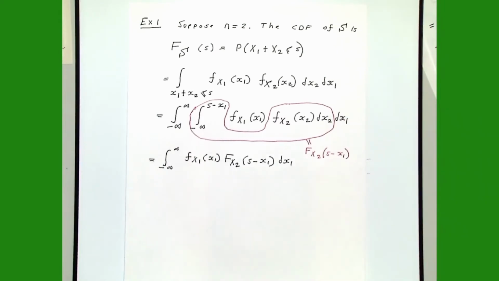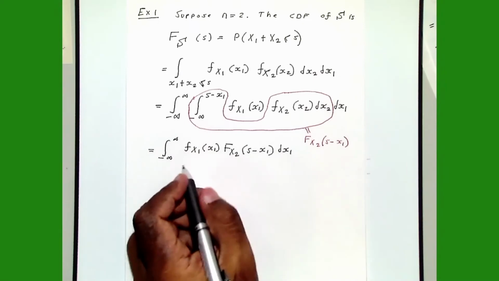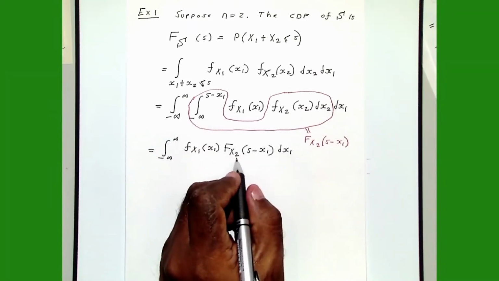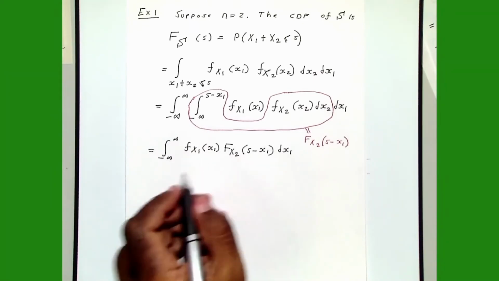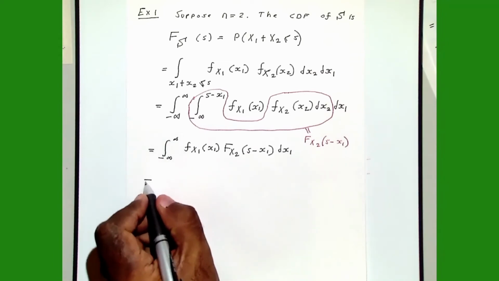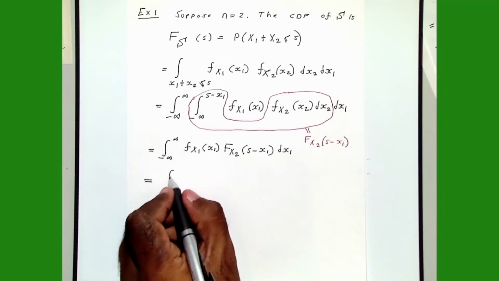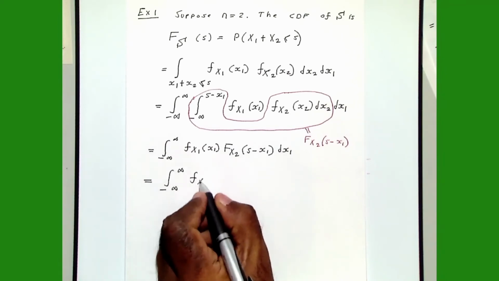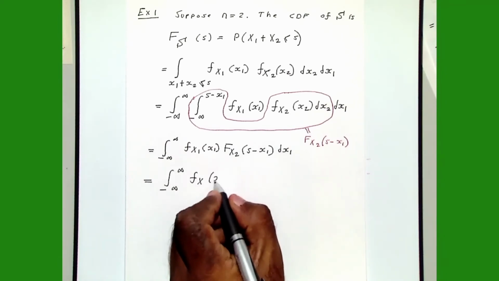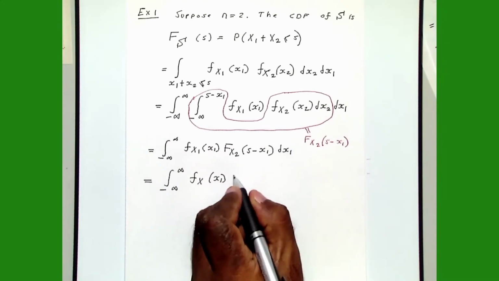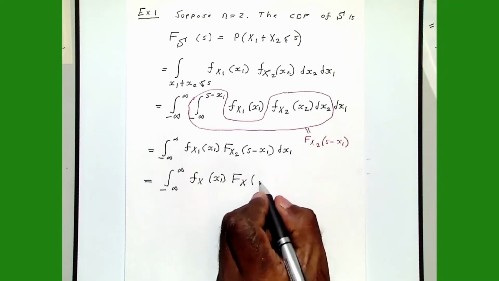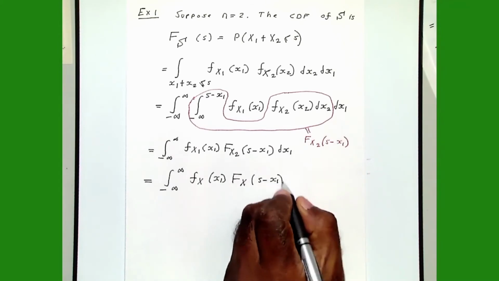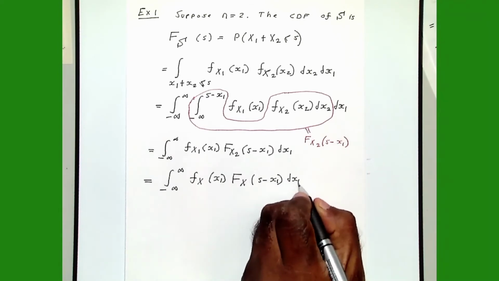okay, like this. Now, because we are assuming that x1 and x2 have the same distribution, you can write this as, okay.